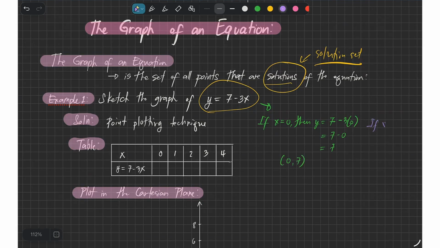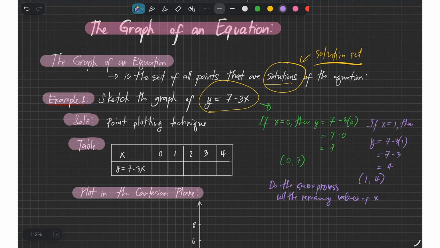If x is equal to 1, okay, then y would be equal to 7 minus 3 times 1, or equal to 7 minus 3, in which the answer is 4. So the next coordinate is x is 1 and y is 4. And we will do the same process, okay? So do the same process with the remaining values of x.